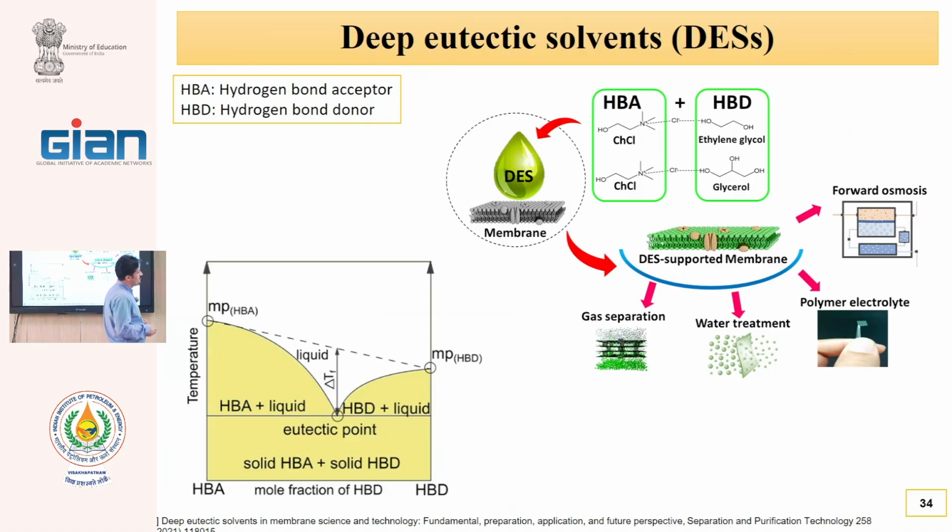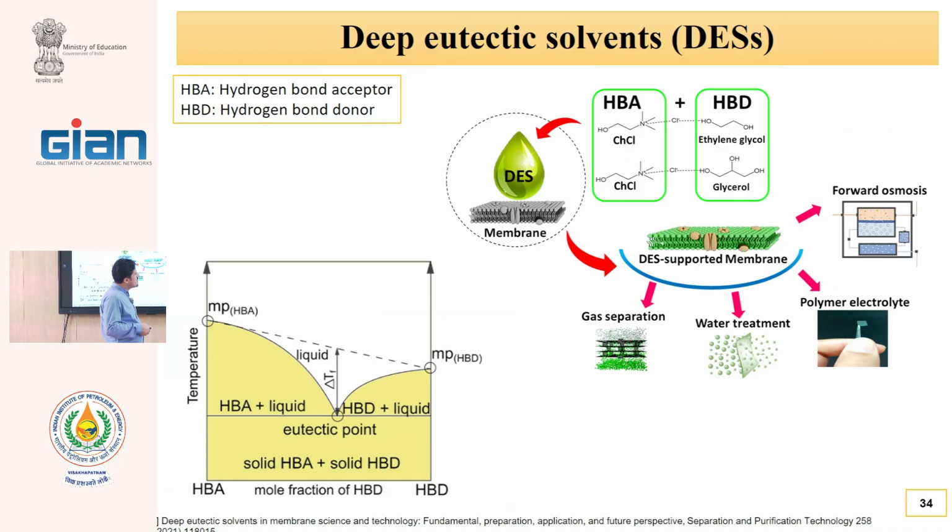And the final category of solvents, which is now very important and new, is deep eutectic solvents. Deep eutectic solvent is similar to ionic liquid solvents, but is very, very cheap.